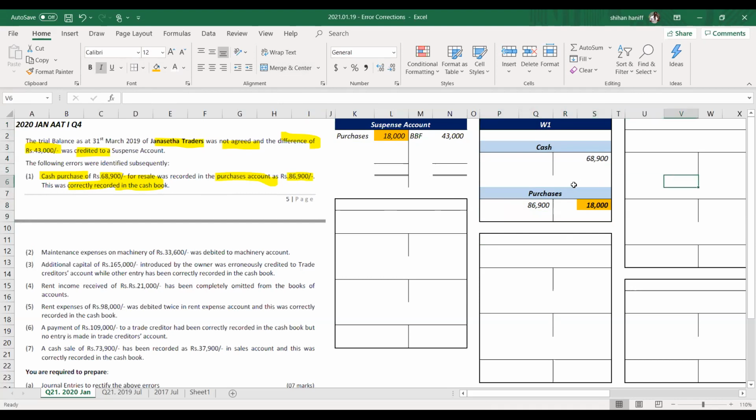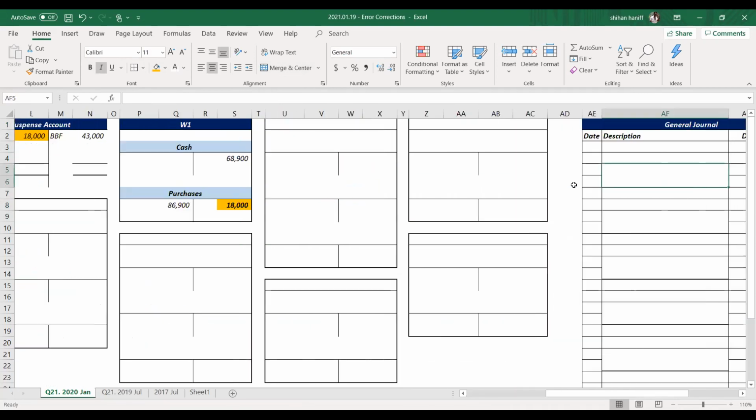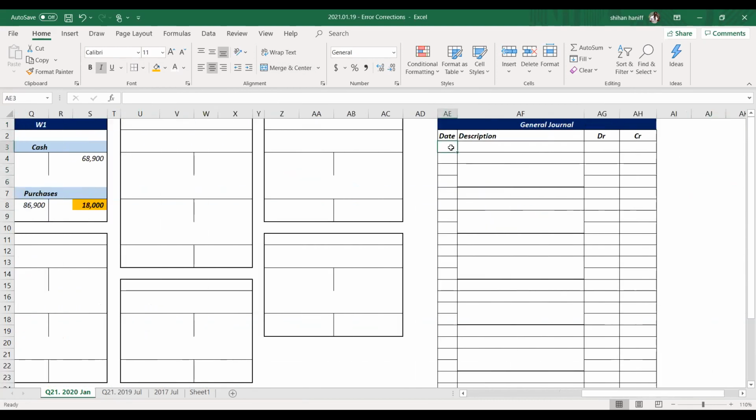Then in the general journal, you can write the correction entry: suspense account debit 18,000, purchases account credit 18,000.